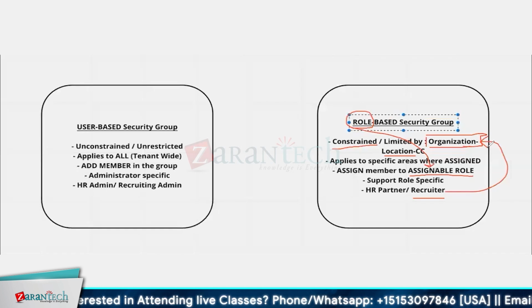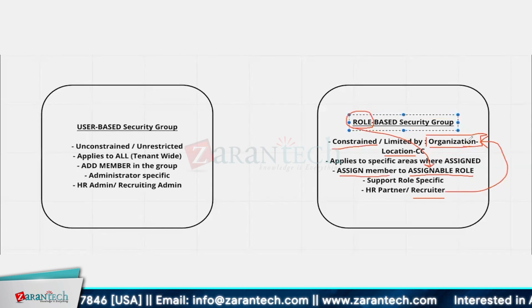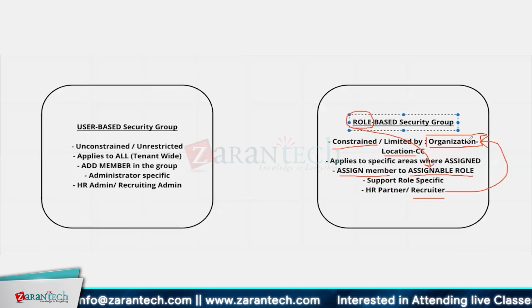Whoever I assign it to, as you can see here, it says assign member. Whoever I assign as a recruiter for the Velvet director level will only be able to do recruiting for those organizations or the location wherever I assign. That is the meaning of role-based group.